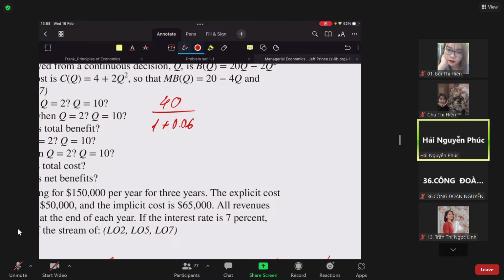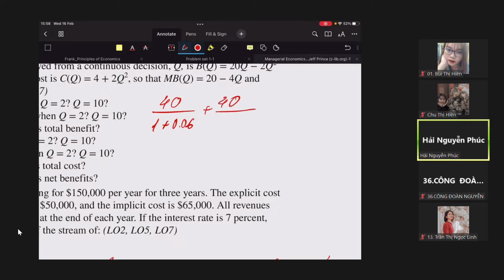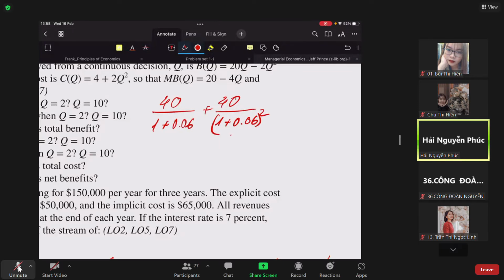Right? For the second year, you have 40 once again, divided by 1 plus 0.06 squared. Do you understand?